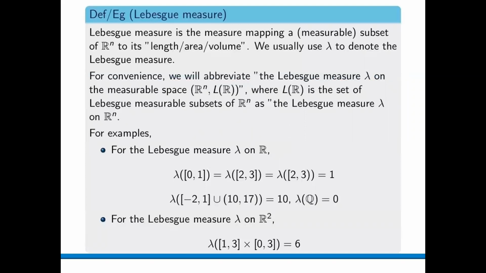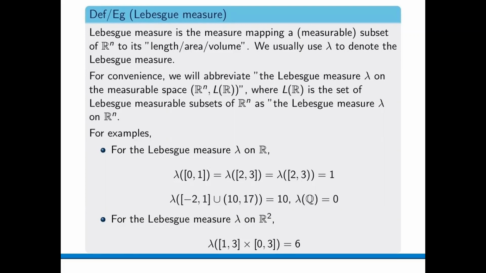Now we are going to briefly introduce the Lebesgue measure. We only give its intuition, how to intuitively understand it, but not its formal definition, because constructing the formal definition of the Lebesgue measure is quite complicated and may take a lot of time. There's not enough time today, so we are just going to briefly introduce it.